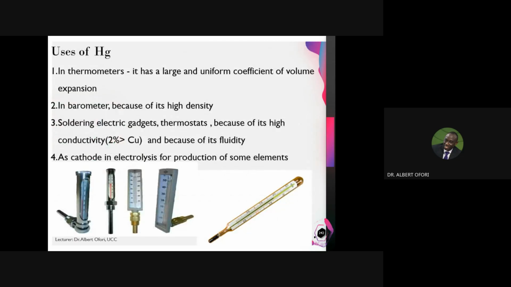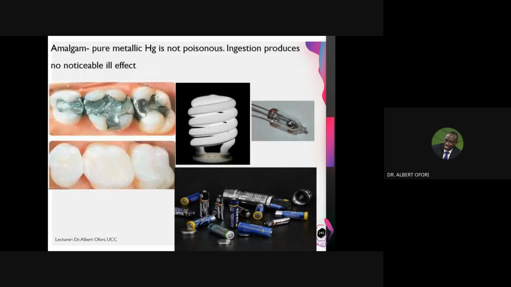But we see that we have mercury in thermometers, in the measuring of pressures, the barometers, we see mercury also helping us in doing those measurements as well. But as I said, we didn't know that it was poisonous. So at first the dentists were even using it for refilling teeth, the holes that are in the teeth. But we've seen that, and that's where we are trying, if possible, to get rid of this.